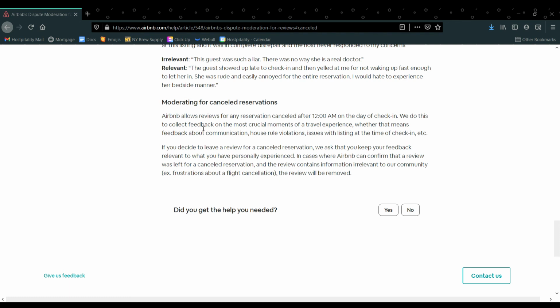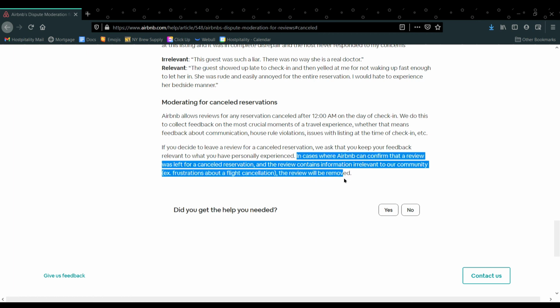So this is a bad idea in that sense, where even though the person never arrived at the unit, never checked into the unit, they decide to cancel within this time frame between 12 a.m. on the day of check-in up until the hour of check-in, and they place in a review, any type of outside frustration or whatever, or even mention something about the unit, it may probably not be removed if it mentions something about the unit. So that's why I think it's a pretty bad idea.